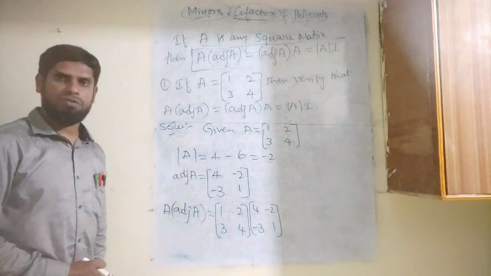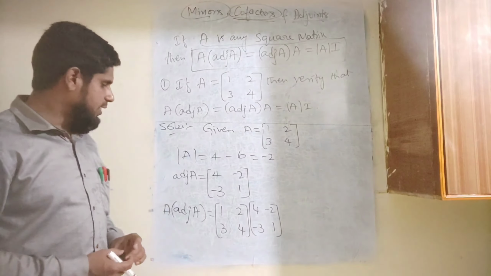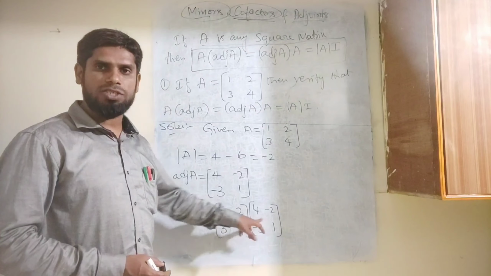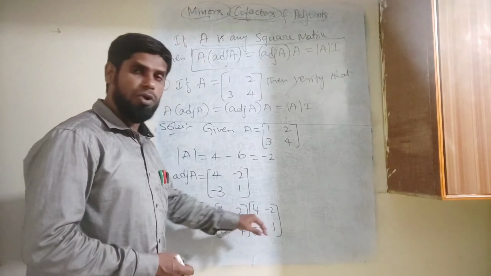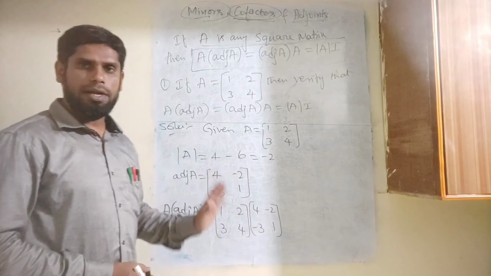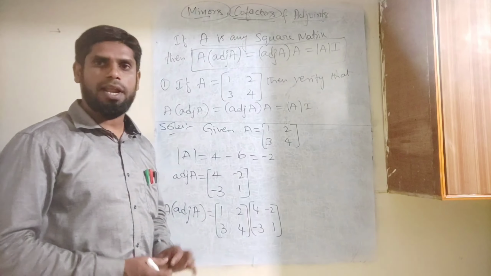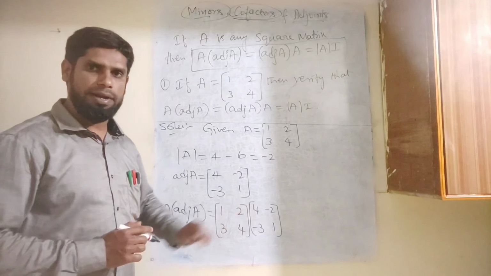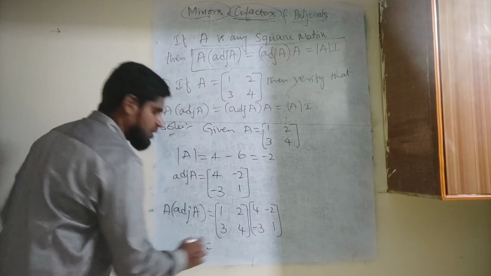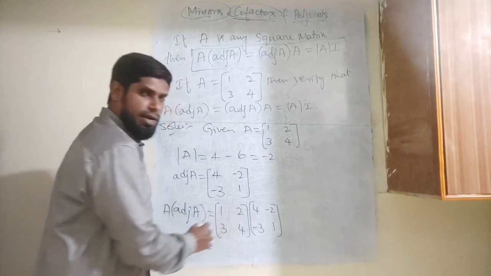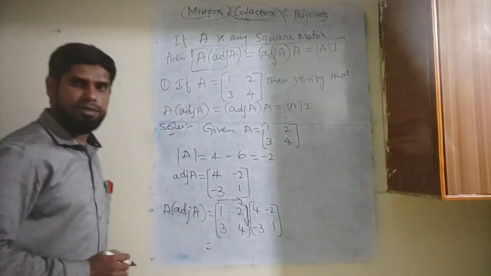Students, in the matrix chapter, we studied a concept called multiplication of matrices. If you don't know how to multiply two matrices, kindly watch my video on multiplication of matrices. You will get an idea how we can multiply two matrices. Here, we should follow the first row, first column concept.